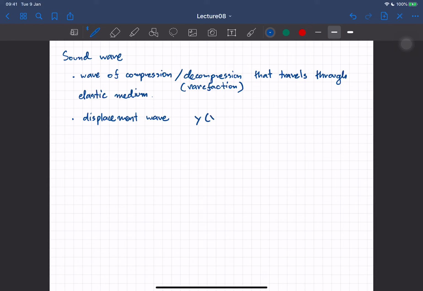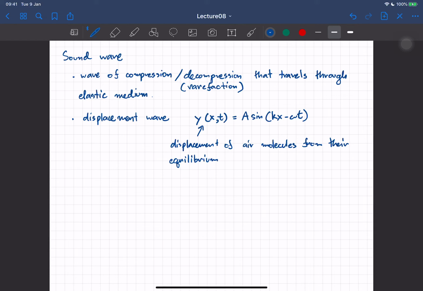where the function looks the same as what we had before, so y equals A, let's say, sine(kx minus omega t). So y now is the displacement of air molecules from their equilibrium positions.